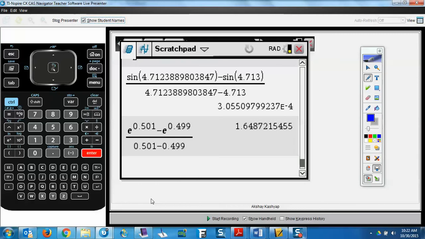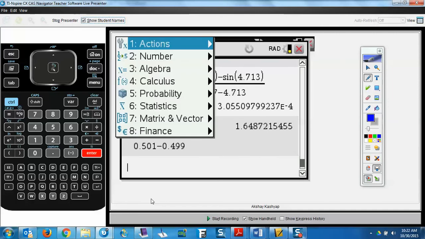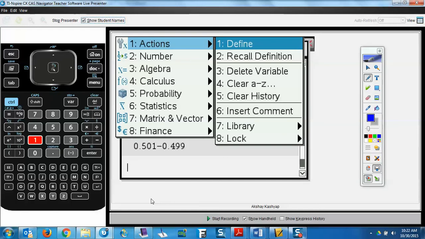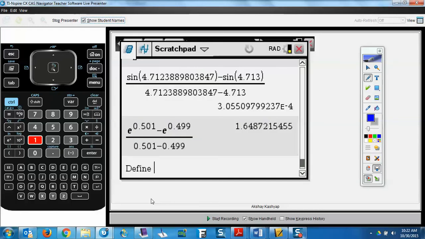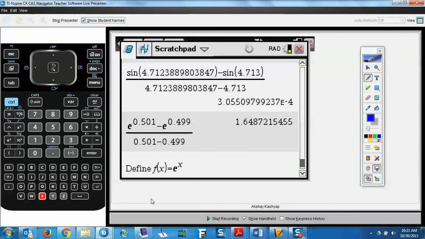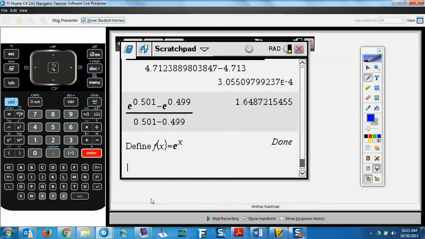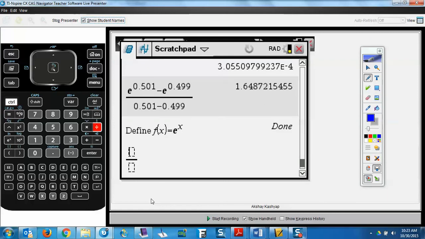So go to menu and actions, and then number 1, define, and then type f parentheses x, and you can define your function right here on your screen, and then equals e to the x, and hit enter. And now do your Control Divide for your fraction.